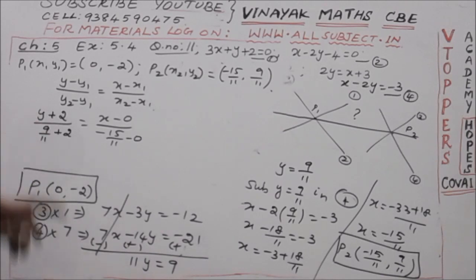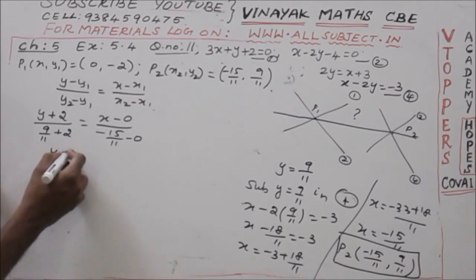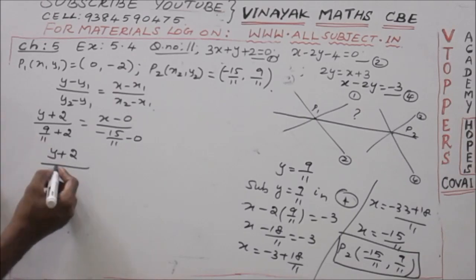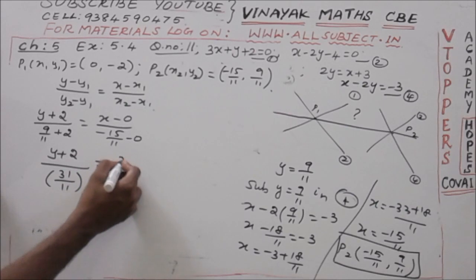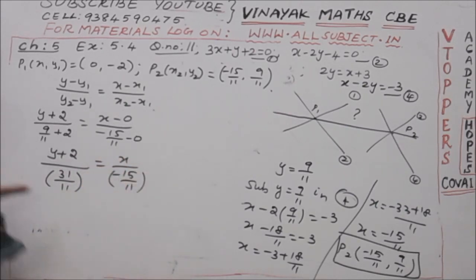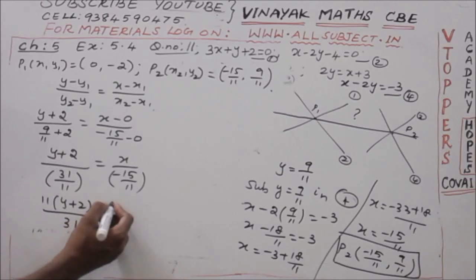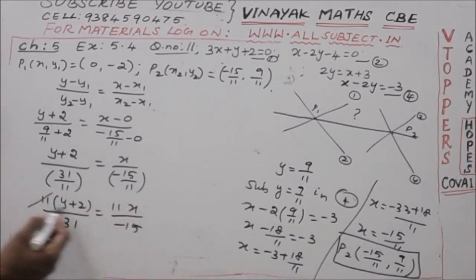We'll have y plus 2 divided by, taking LCM, 22 plus 9, 31 by 11, which is equal to x by minus 15 by 11. Here the denominators 11 cancel, so 11 into (y plus 2) divided by 31 equal to 11x by minus 15. Now we can cancel these 11.